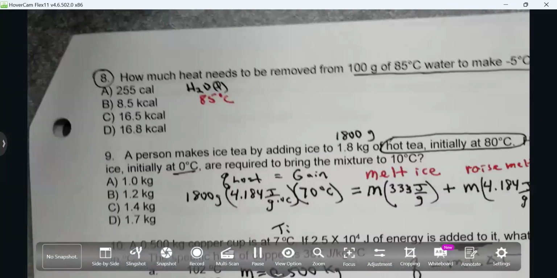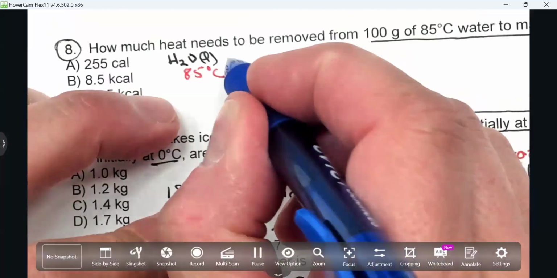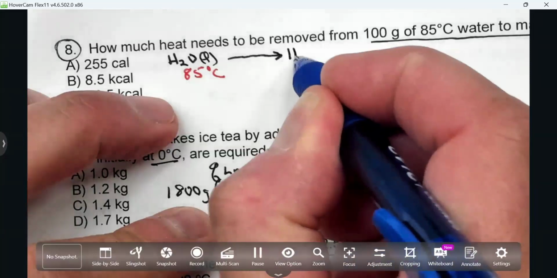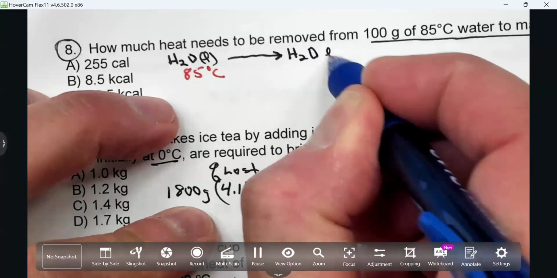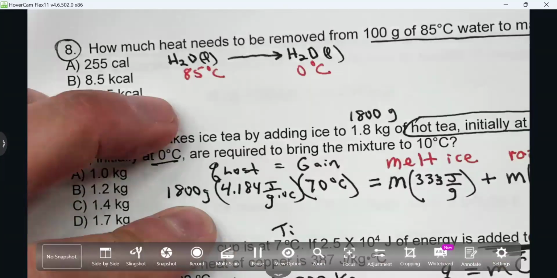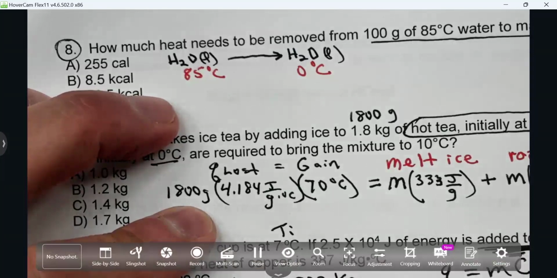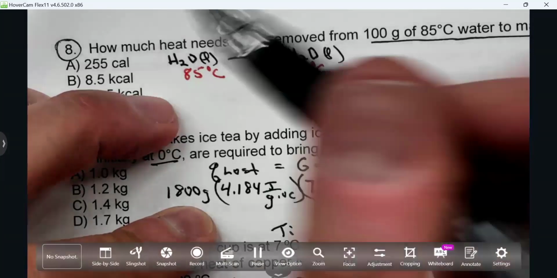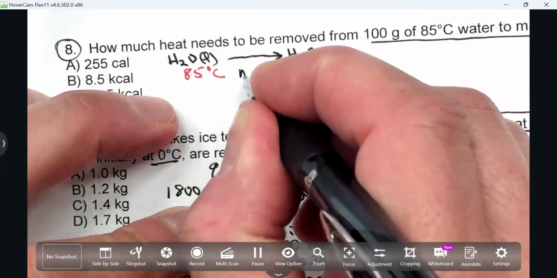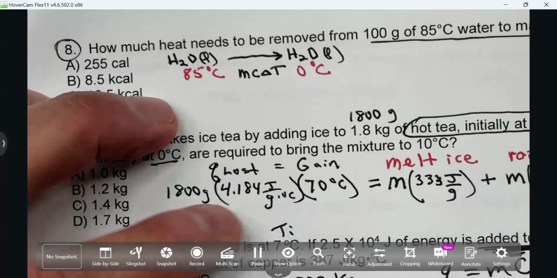We're going to have H2O liquid at 85. We have to go to H2O liquid at 0 degrees Celsius. So we know that portion right there is going to be MC delta T, right? For that portion.